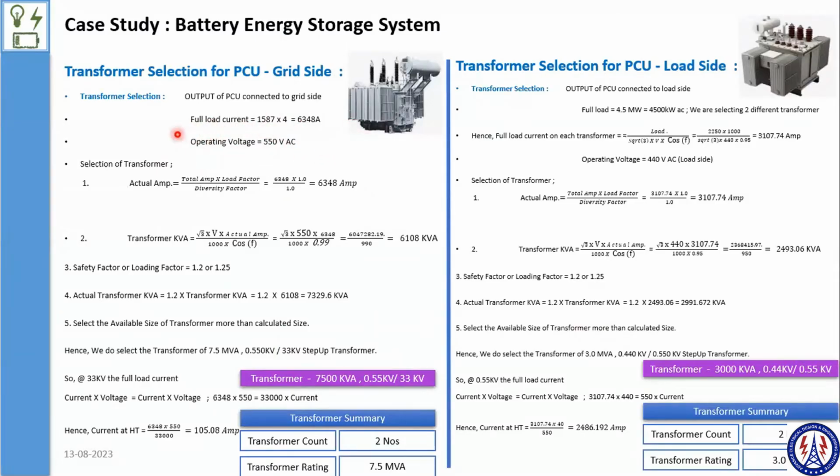Is that the existing equipment found at the grid side? This is the output coming from your PCU, because we are connecting to the PCU, right? The PCU is the source, so the PCU output is 550 volt AC.